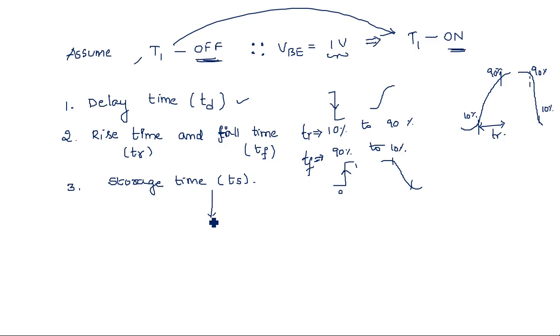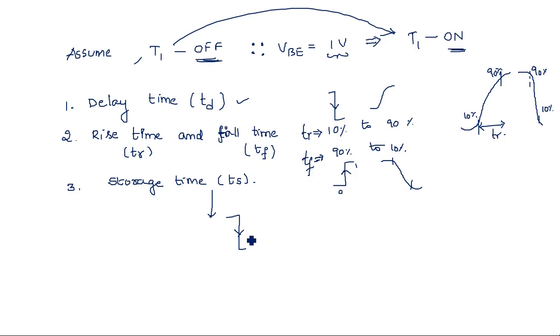Coming to another important timing factor, which is storage time. What do you mean by storage time? Storage time is this: the input, of course, is changing from 1 to 0, but still that particular voltage across the transistor will persist for some duration.